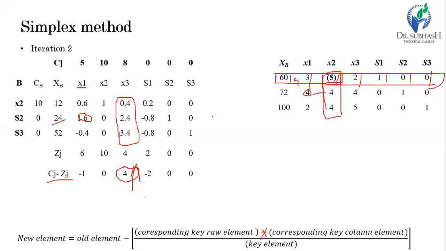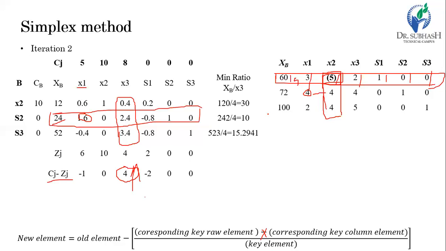By this way we get the ratios and choose the minimum from them. The minimum ratio is 10 here. The related variable will be the outgoing variable, and the related row will be the key row. So this is the outgoing variable.